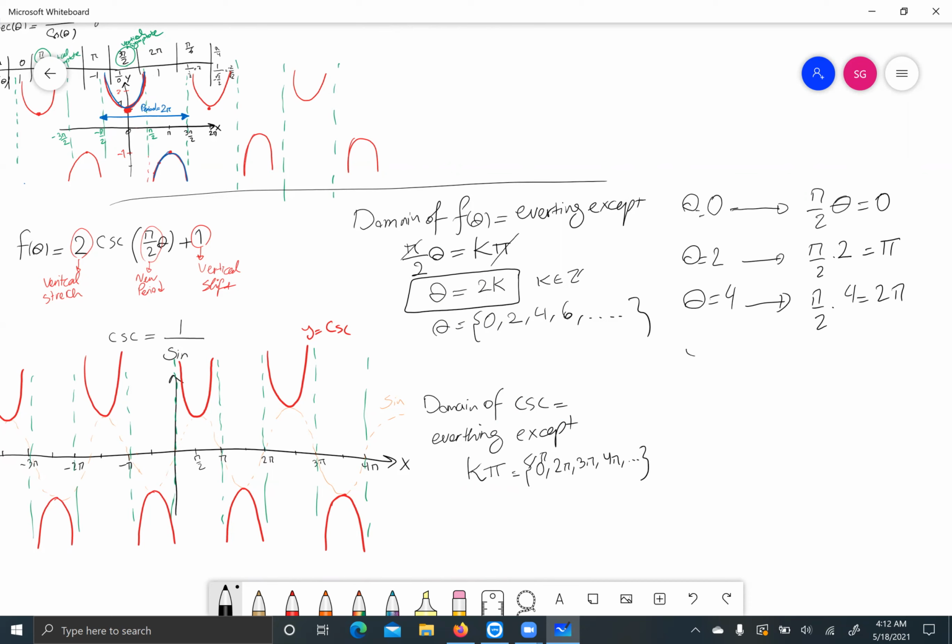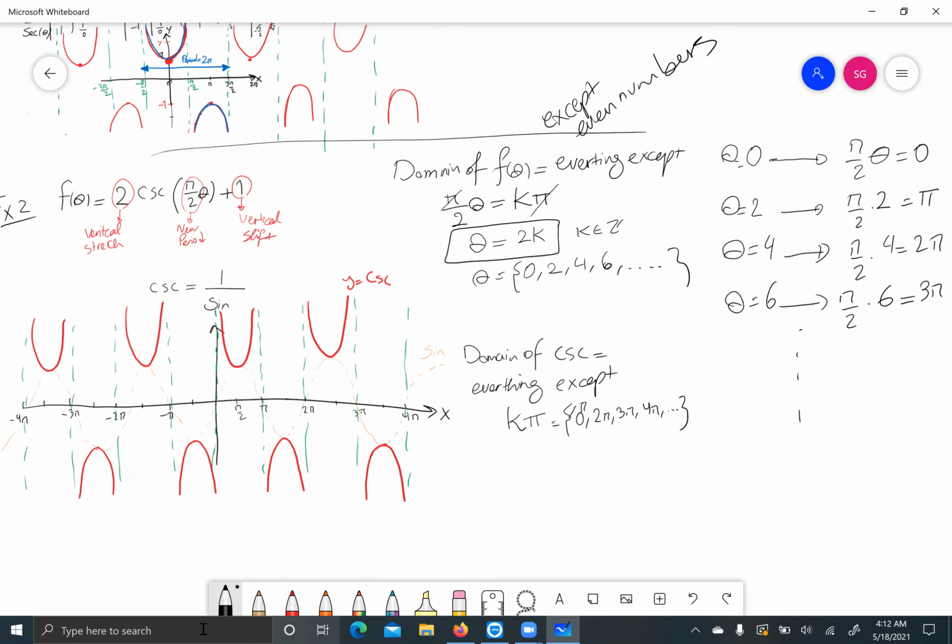That's a vertical asymptote. When theta is 6, pi over 2 times 6 gives us 3 pi. That's also a vertical asymptote. So the domain is everything except 0, 2, 4, 6, except even numbers.